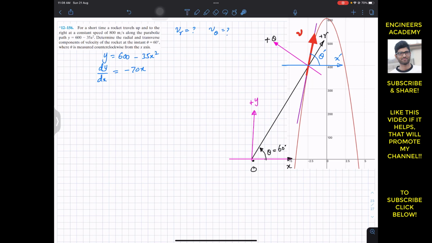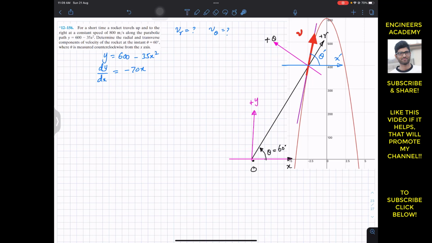So now we have to find the x value. If this angle is theta, then what is the x coordinate of the position of the rocket? If the rocket is somewhere here, then we have to find this x coordinate of the position of the rocket. So once we know this x value, we will plug it in this equation, and then we will be able to find the slope of this tangent line.